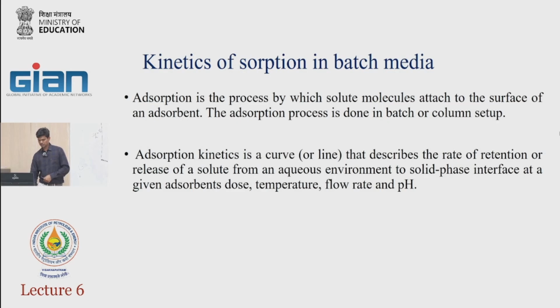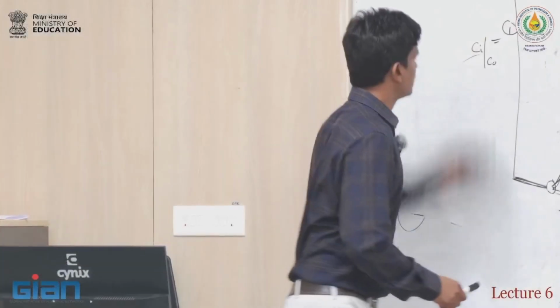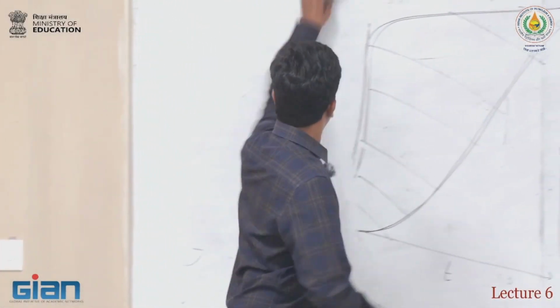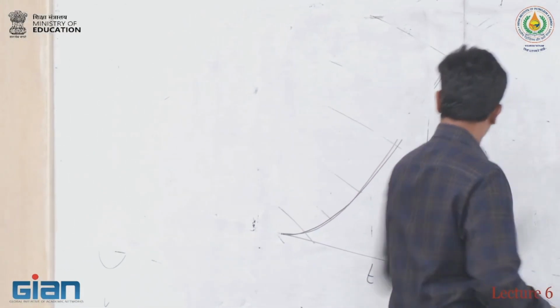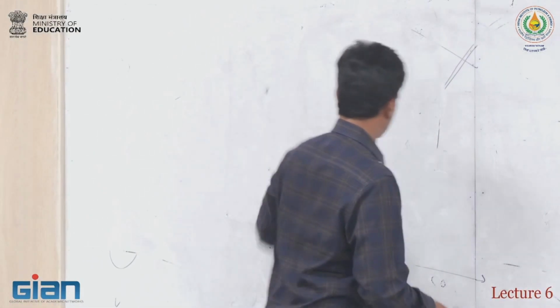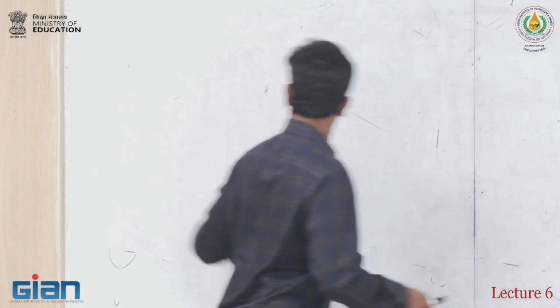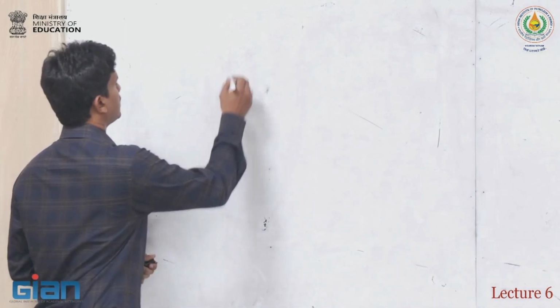I think we can skip this one, but the only point here is that we now talk about the adsorption kinetics curve. What we try to monitor is the concentration with respect to time and try to fit the data.